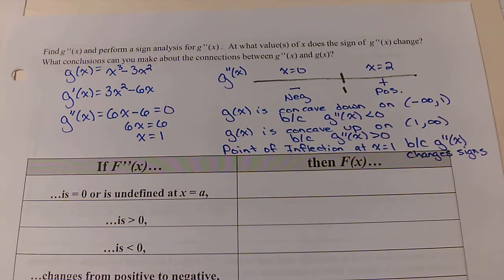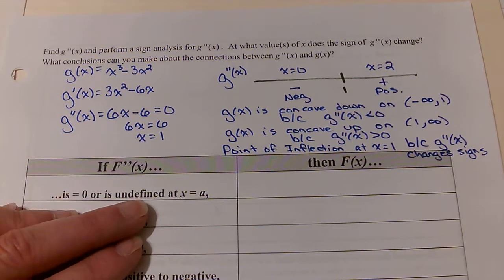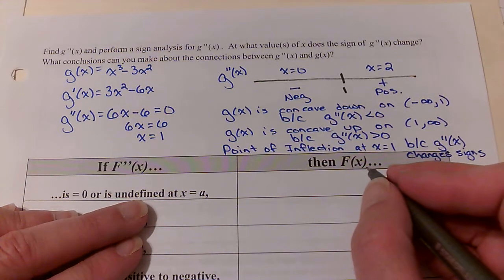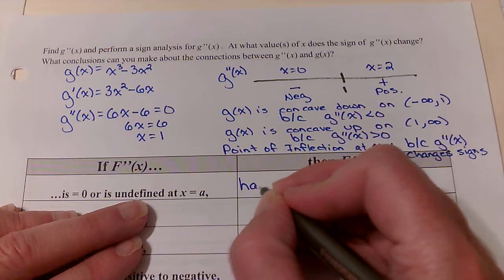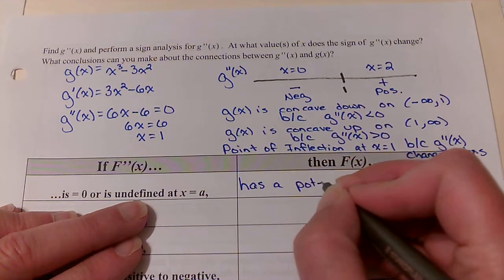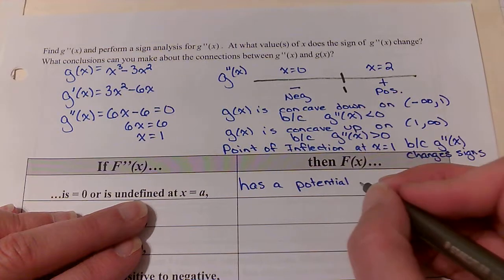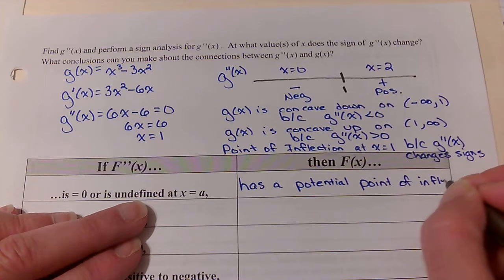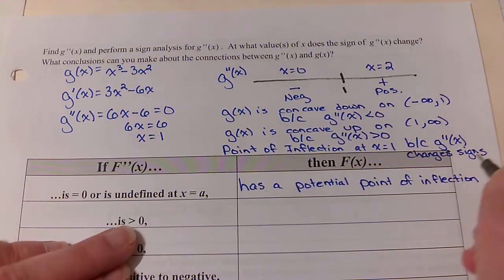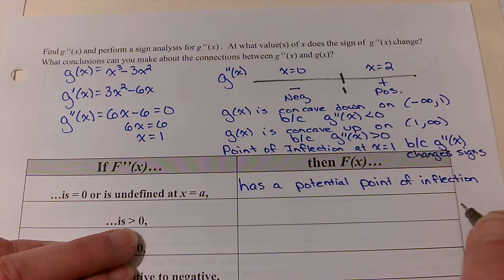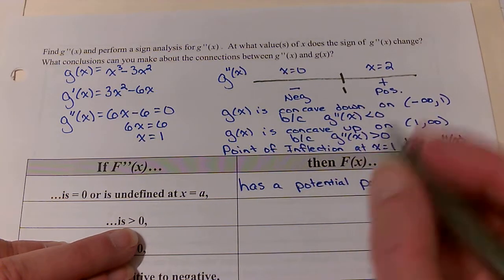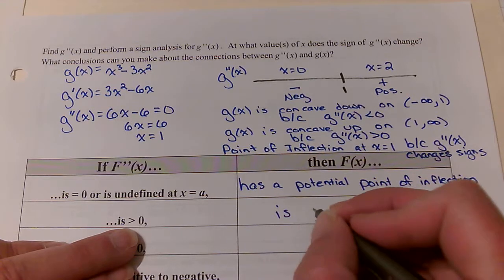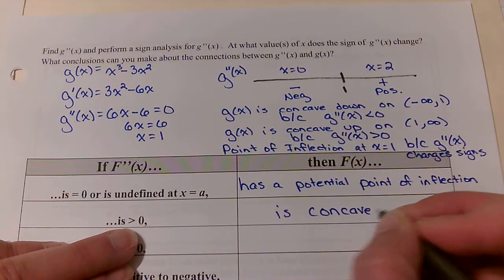So let's recap about the second derivative. When the second derivative is 0 or undefined even, the original function has a potential point of inflection. When the second derivative is positive, we are going to be concave up.